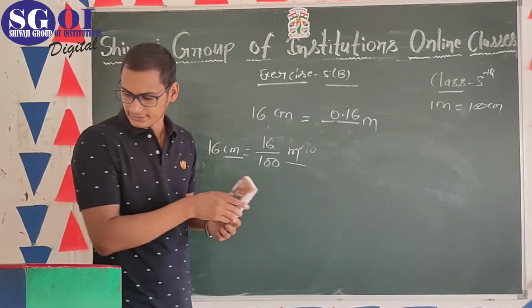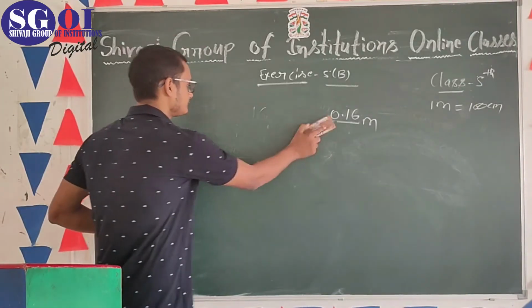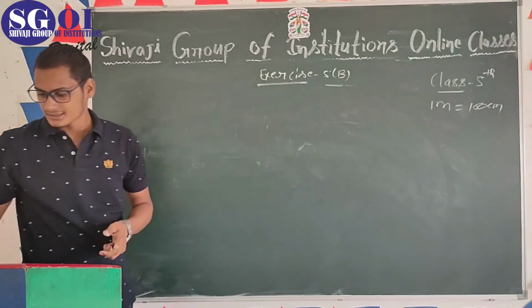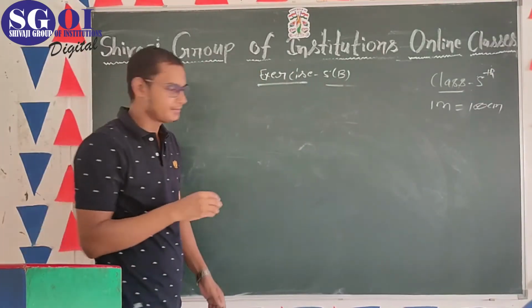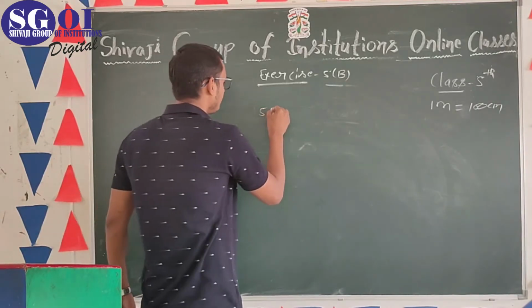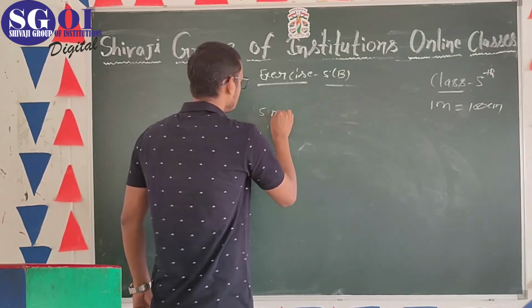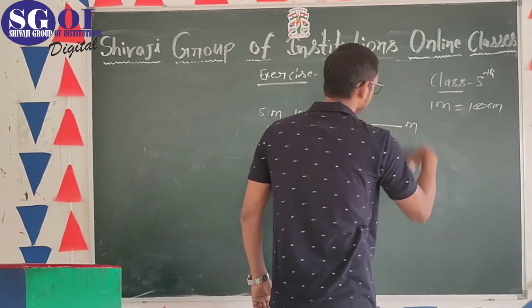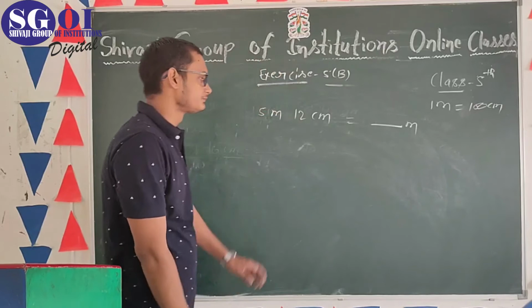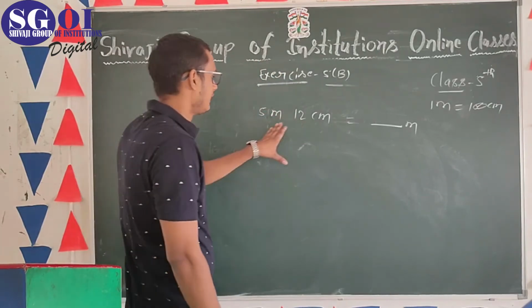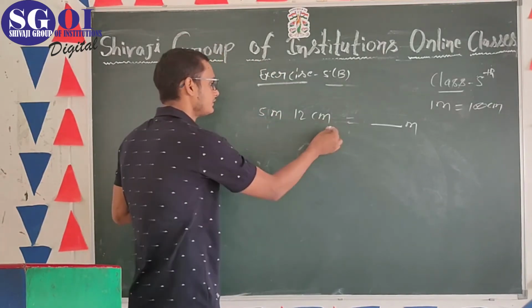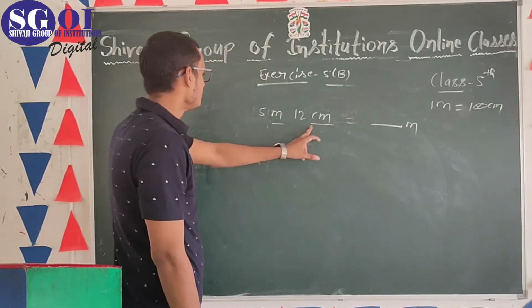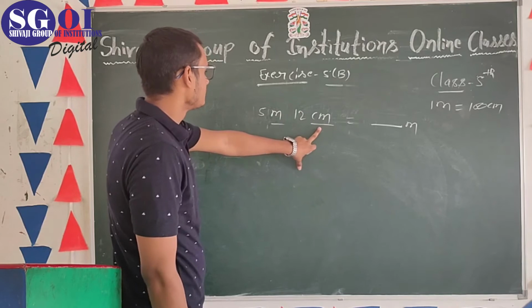Next, question number 8. 5 meter 12 centimeter, change into meter. Now both the units are different, so first change the units.